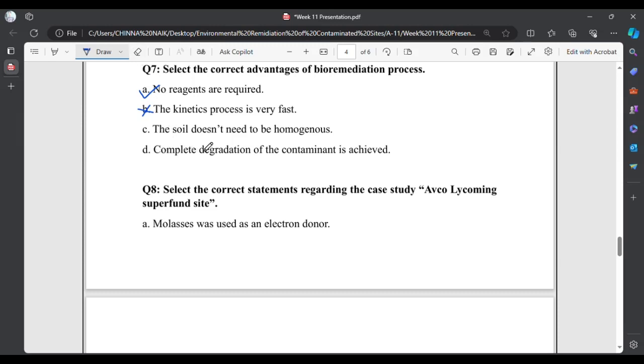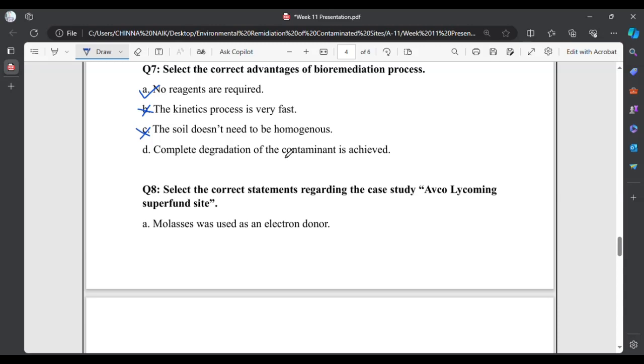What about the option that the soil doesn't need to be homogeneous? Is it true or false? False. If the soil is homogeneous, only then can we easily promote the growth of the microbial community.